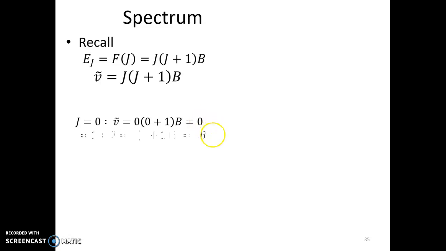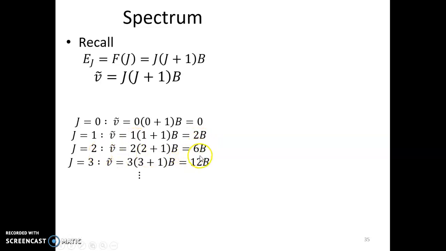So if J equals 1, and we put it in that equation, we have 1 times (1+1), that's 2B. If J equals 2, you can continue to calculate it: 2 times 3, that's 6B. Then J equals 3, 3 times 4, that's 12B. And we continue on and on like that.